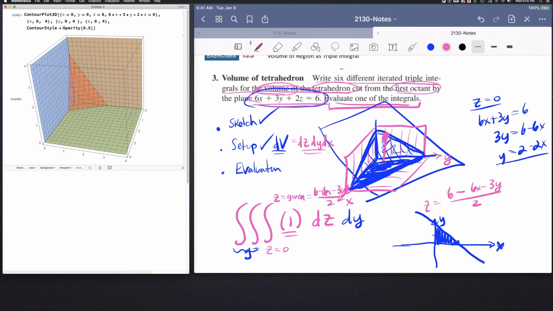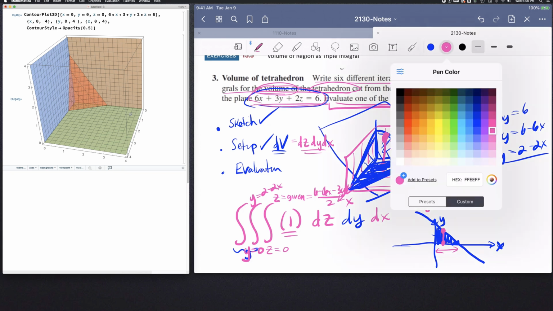And then y would go from 0 up to whatever this line was. Y would go from 0 up to that line, which is 2 minus 2x. And then we can see that we need to then finish the x integral last. Okay, and the limits are x going from, we need to figure out when y is equal to 0.